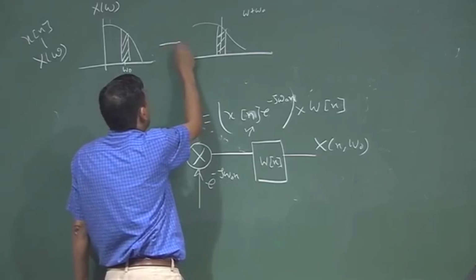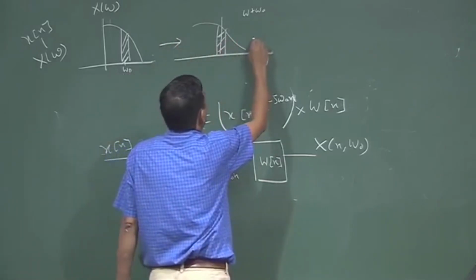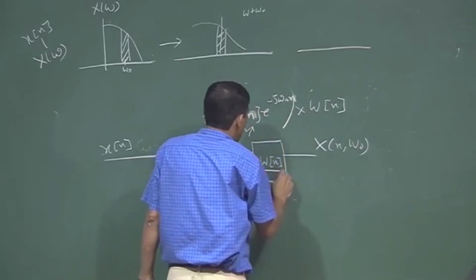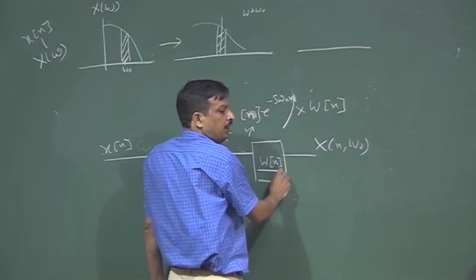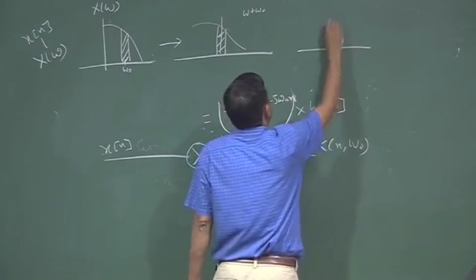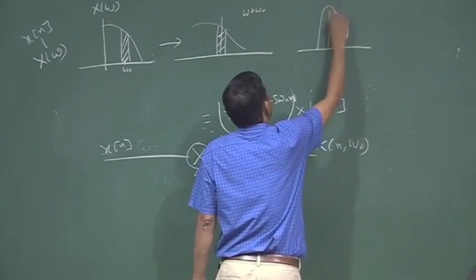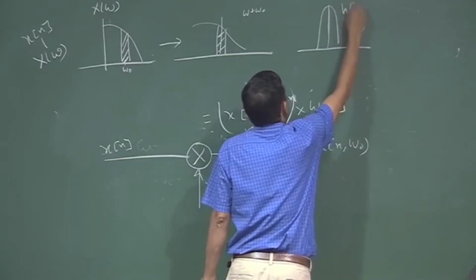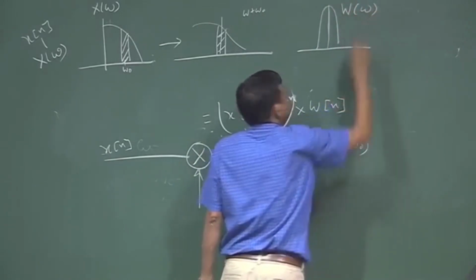Once this modulation is done, I have a filter whose impulse response is w n, and whose frequency response is like this. This is the frequency response of the filter, capital W omega.